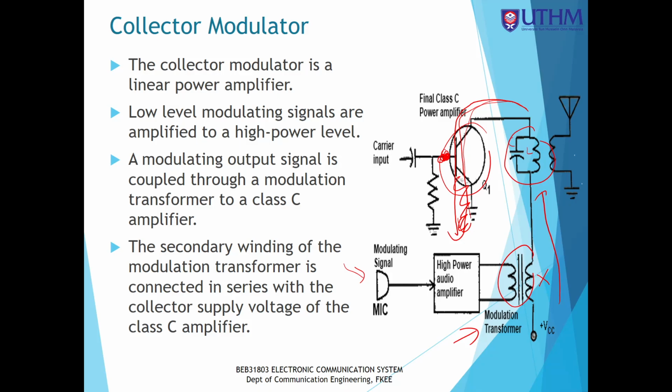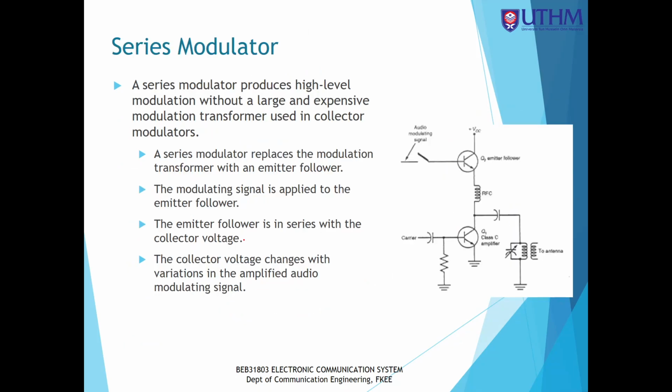So here you see that this amplifier uses a class C amplifier. Amplifiers have class A, B, and C, so this is a type C amplifier. And then a series modulator. In the series modulator, we use two transistors. Each transistor is connected to the modulating signal and also to the carrier signal.